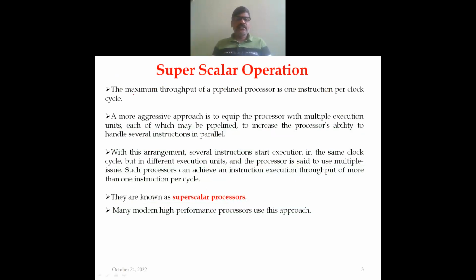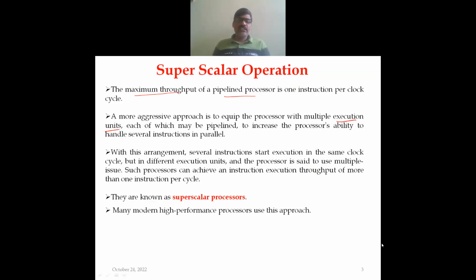We had a discussion regarding the maximum throughput of a pipelined processor, which is 1 instruction per clock cycle. So a more aggressive approach is to equip the processor with multiple execution units, each of which may be pipelined, to increase the processor's ability to handle several instructions in parallel.